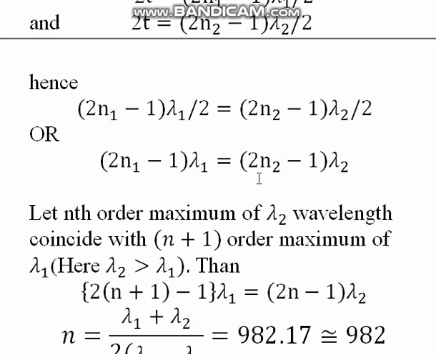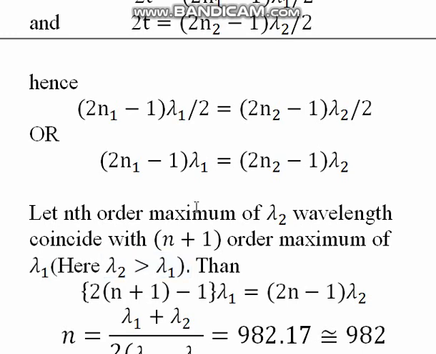Now let the nth order maximum of the lambda 2 wavelength coincide with the n plus 1th order maximum of lambda 1. This point is important, because lambda 2 is greater than lambda 1, and lambda is inversely proportional to n, the number of orders: a larger value of lambda means a lower order.